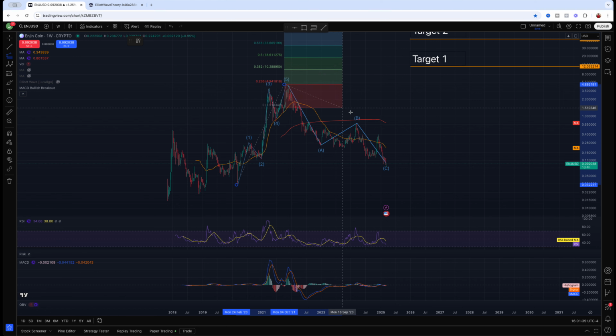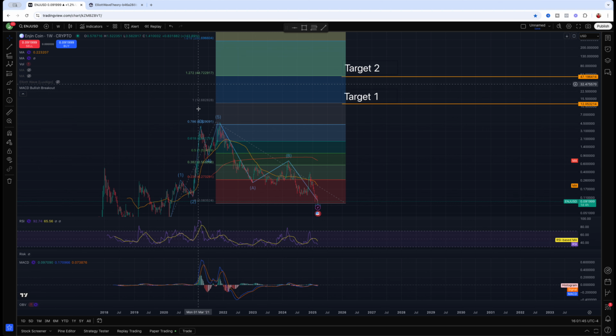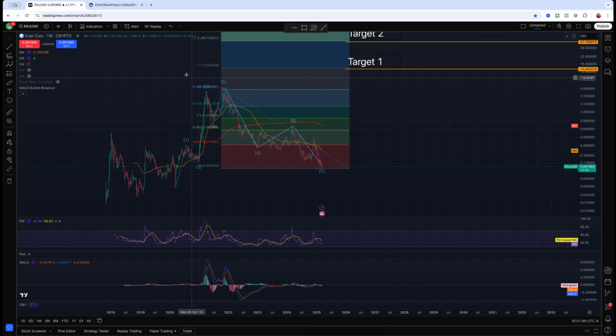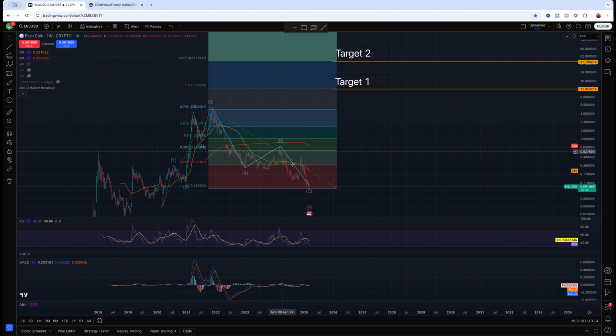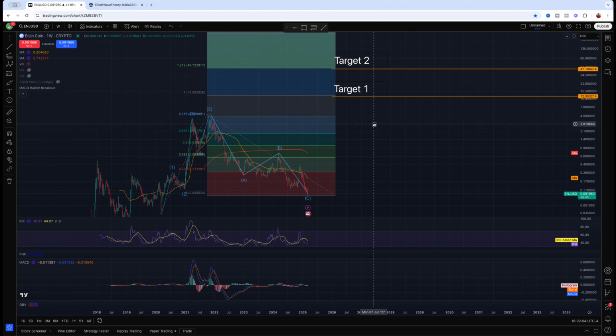So we get the length of wave 1 and we bring it down to the start of wave 2. Now these different lines are basically percentages of wave 1. So at this one level, that's basically saying that from here to here is the same length as wave 1 over here, what we measured. And so that's where I get this first target right around $12 per coin.